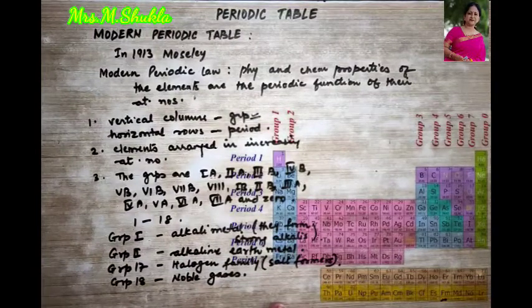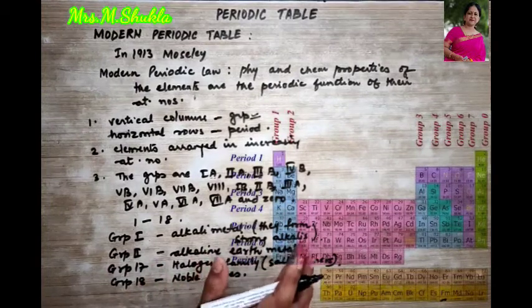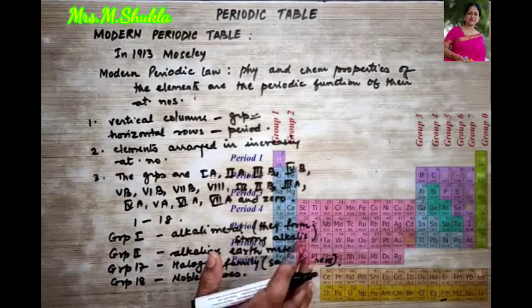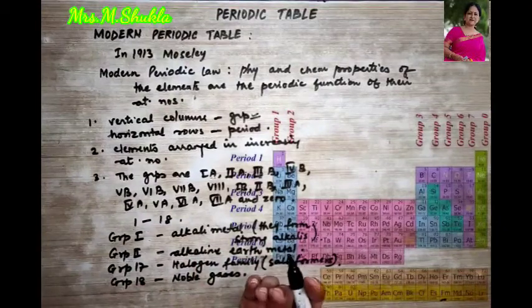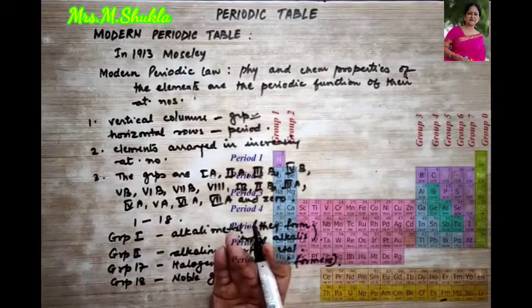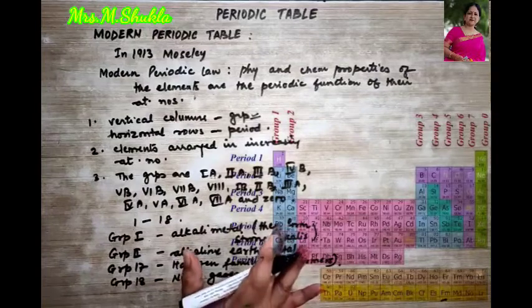Now the elements of groups 1, 2, 13, 14, 15, 16 and 17 are the main group elements, also termed normal elements, or we can also call them representative elements or typical elements, right?